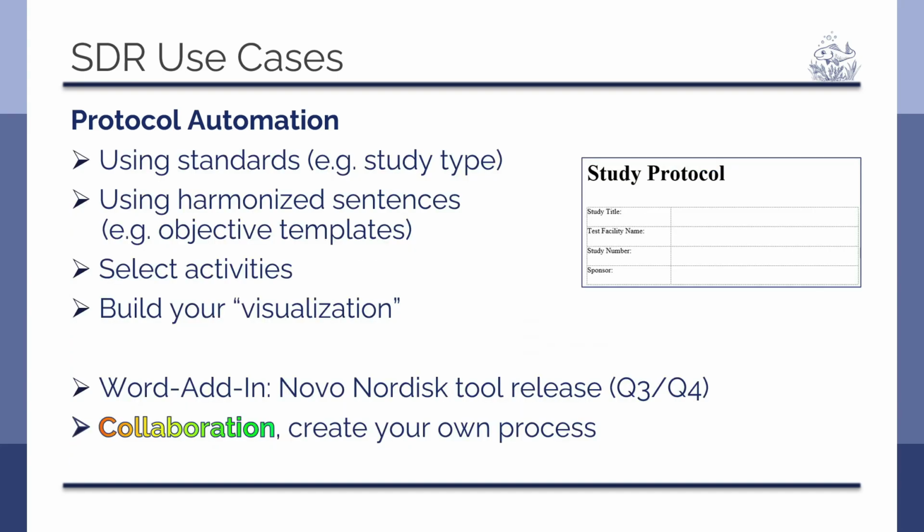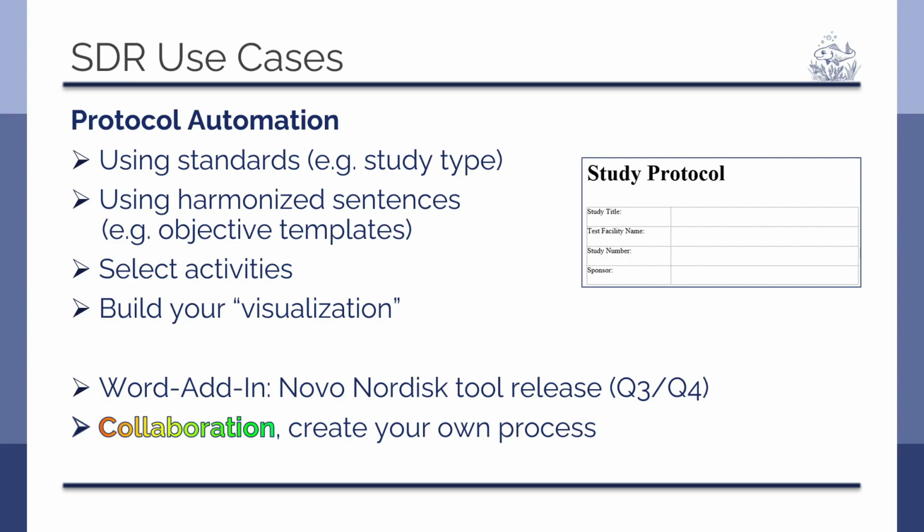So for protocol automation, as you have entered the information in this metadata repository, you are forced to use the standards, so there couldn't be any typos. So for example, if you select the study type. And you can also use harmonized sentences like we've seen with these objective templates. We can select activities and build our visualizations.